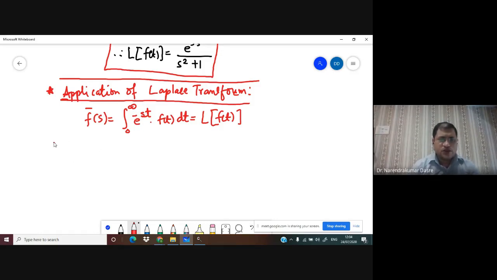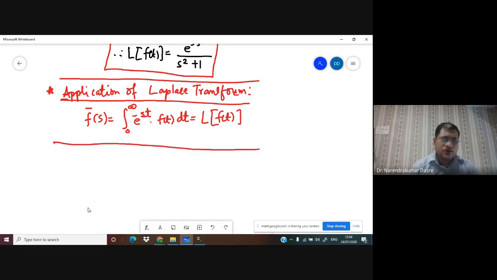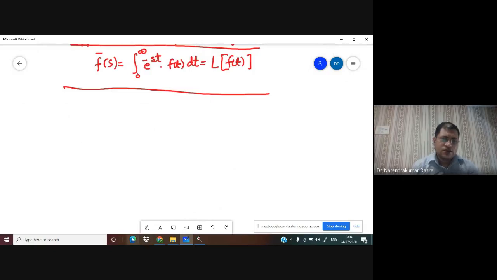We'll try to solve some problems based on this, and then you will understand it in a better way. So we go with the example. A very important thing: there will be at least one example of this type in the examination.